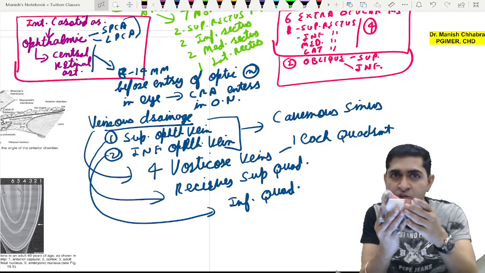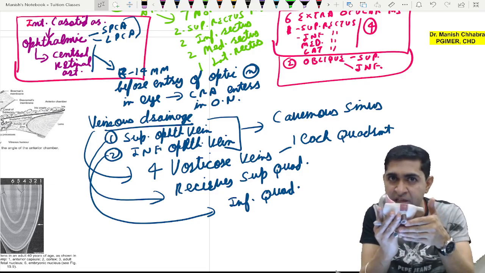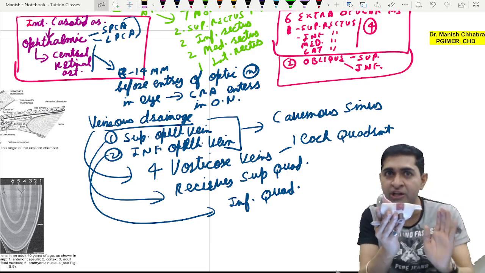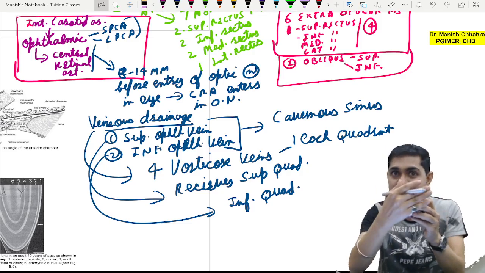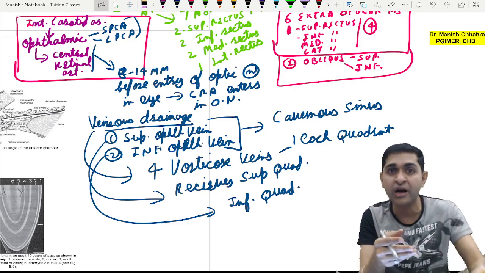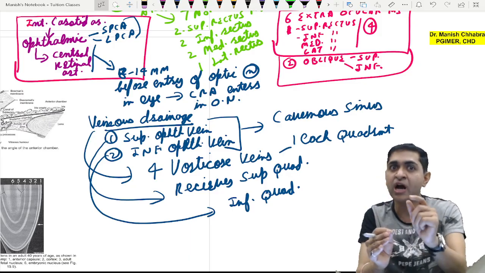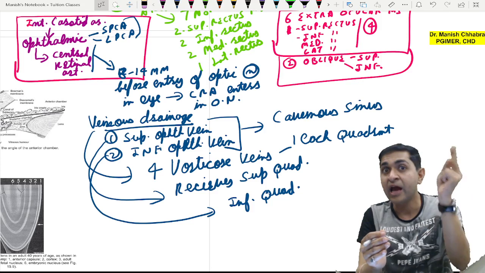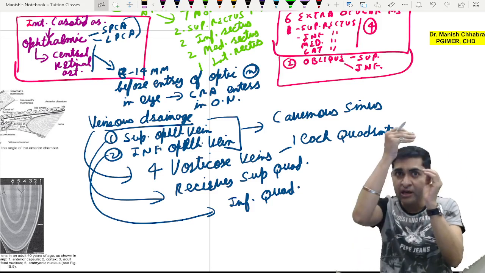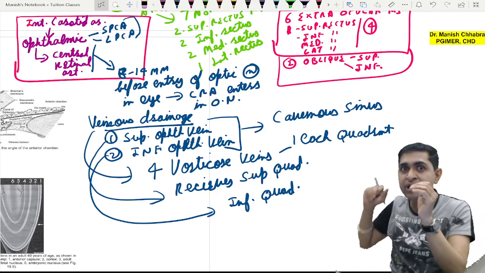First I told you about the coats of the eye, outer coat, middle coat and inner coat, and we also read about anterior 1/6 cornea. We also read about the development of eye, which starts at the 22nd day of gestation, and there is forebrain, midbrain, hindbrain.